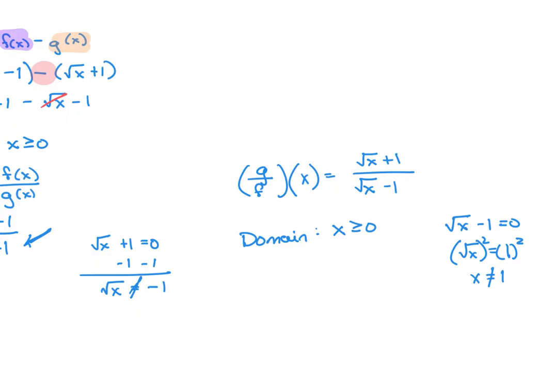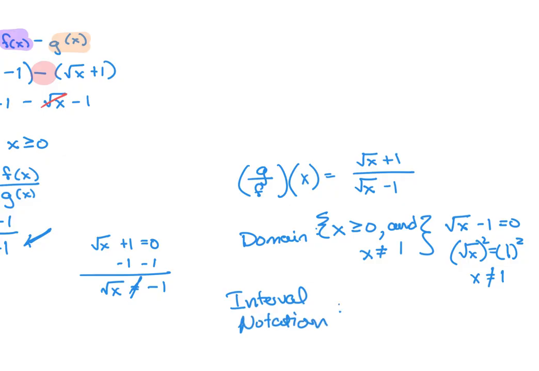In order to write this in interval notation, so for instance, if we're in set notation, we just say x is greater than or equal to 0 and x is not equal to 1. In interval notation, what we are going to do with this one is we are going to start at 0.